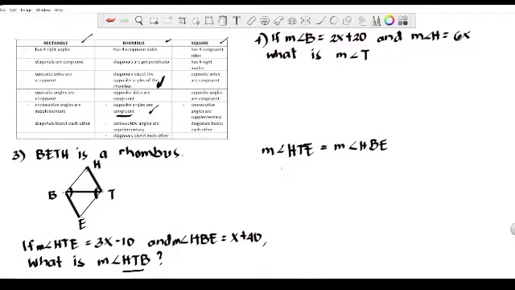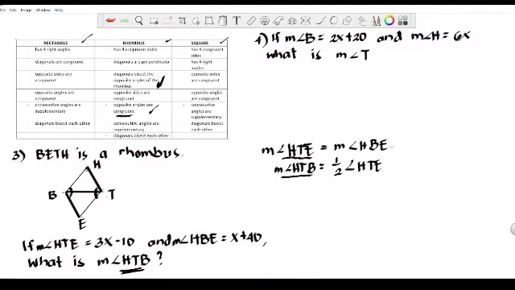So, we can write here the formula that the measure of angle HTB, yung hinahanap, ay kalahati or 1/2 ng measure ng angle HTE. So, ibig sabihin, para mahanap natin yung angle HTB, kailangan muna nating mahanap ang measure ng angle HTE.